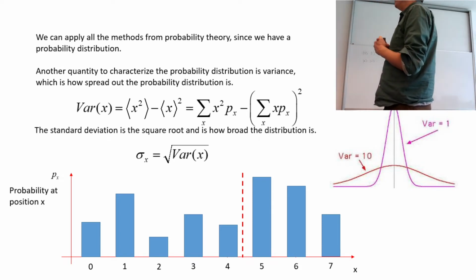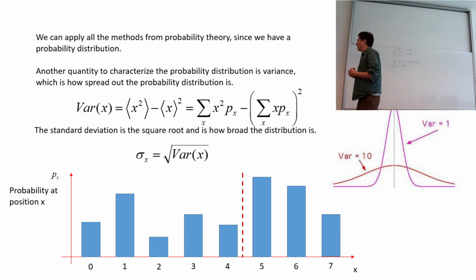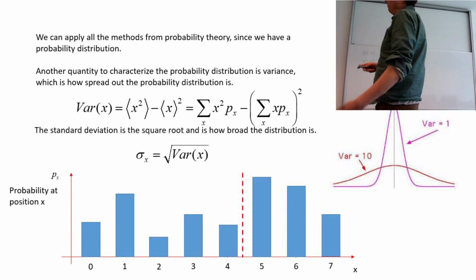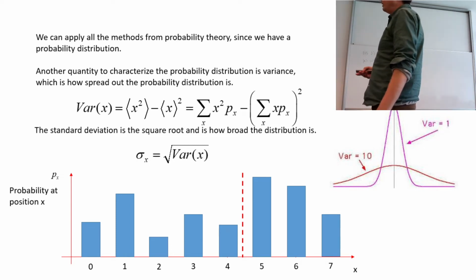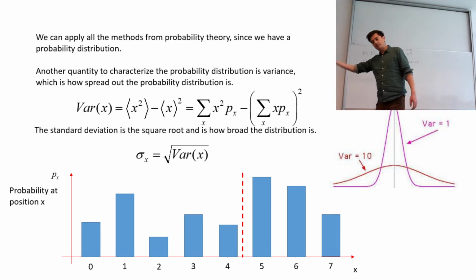And we don't have to stop at just the average. We can do other things like calculate variance, because the quantum wave function, after you measure it, gives a probability.